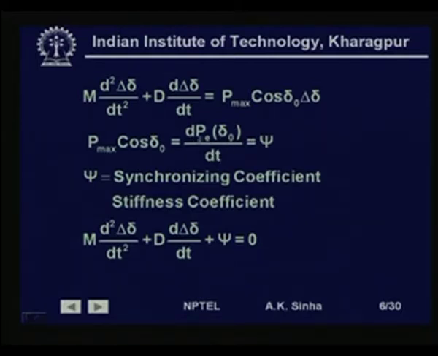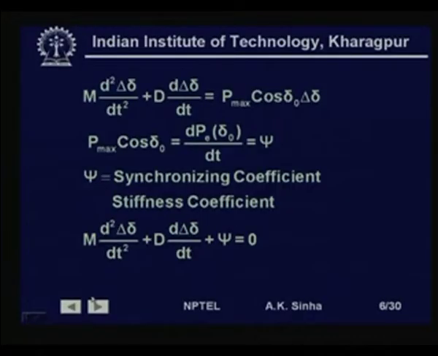This is the slope of the power angle curve of the synchronous machine at delta 0; we are denoting it by psi, and we call this the synchronizing coefficient of the synchronous machine, or it is also called the stiffness coefficient of the machine. It is basically the slope of the power angle characteristics at the operating point delta 0.